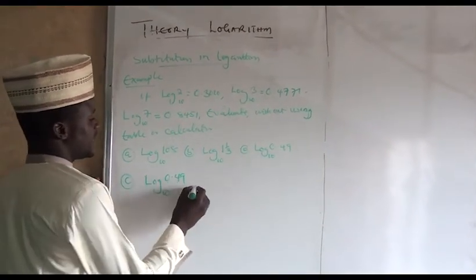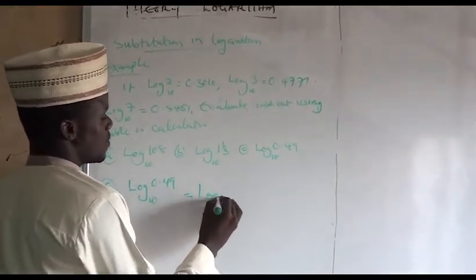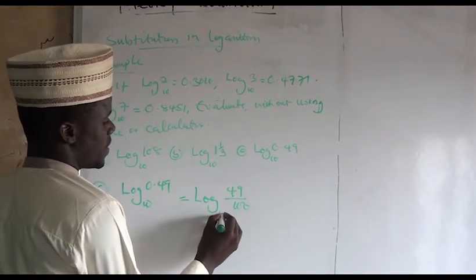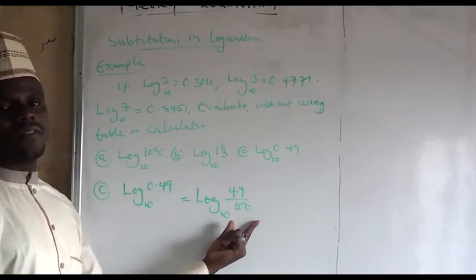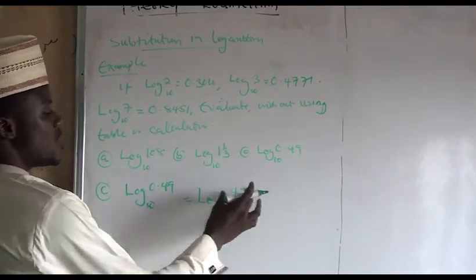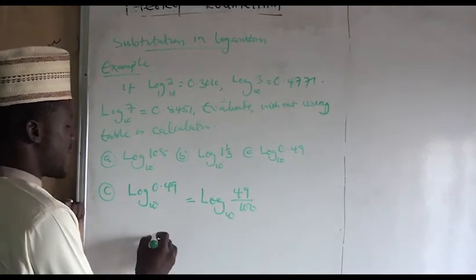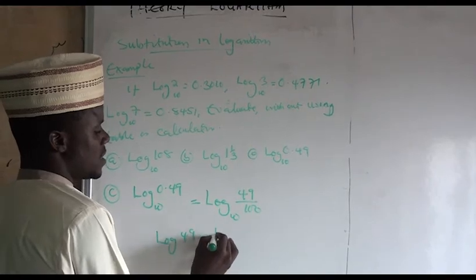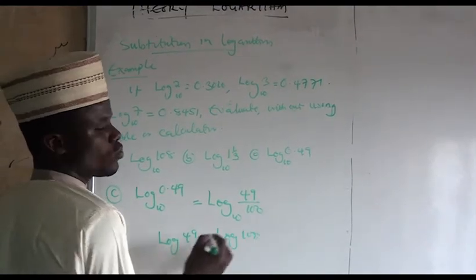Now we have to say logarithm of 49 all over 100 base 10. 49 divided by 100 is the same as 0.49. So now here also it is a division. So here we can take logarithm of 49 minus logarithm of 100.